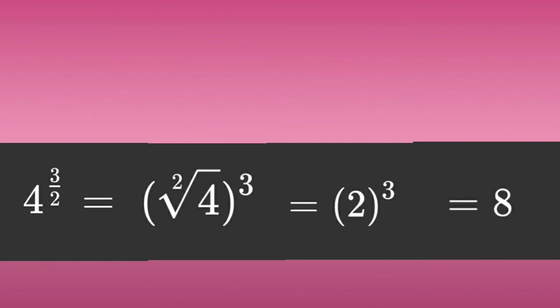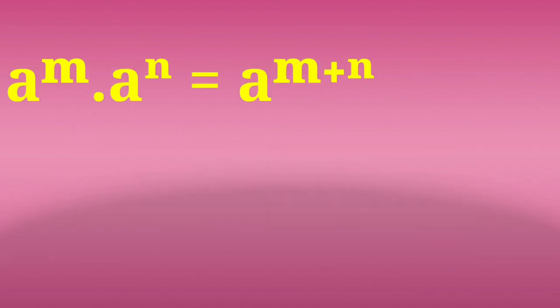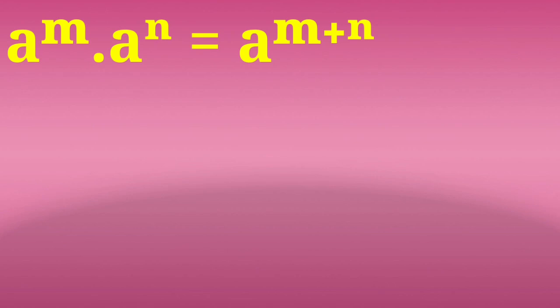And the next law, a raised to m into a raised to n is equal to a raised to m plus n. Multiplying two exponents, a raised to m and a raised to n. In these both exponents, the base is the same.